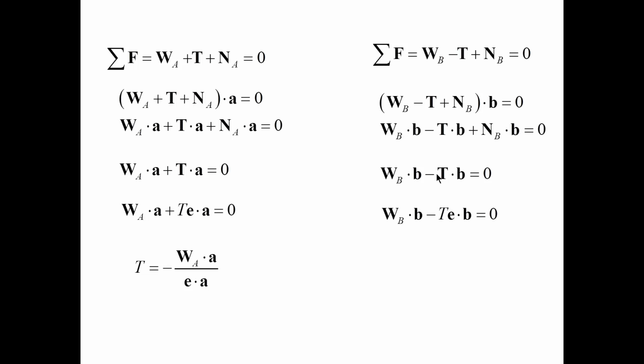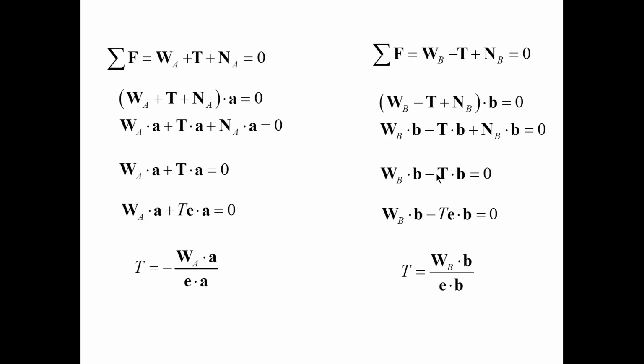I express the force T in terms of its magnitude and unit vector and obtain the expression for T. So here we have two expressions. Actually, both of them are correct.